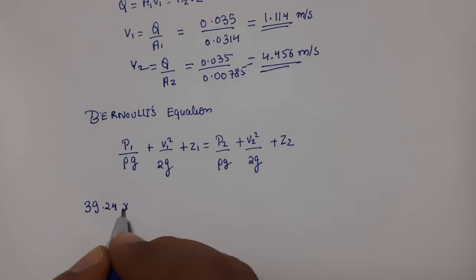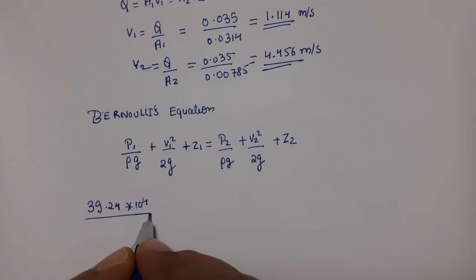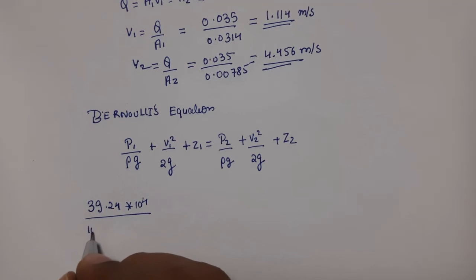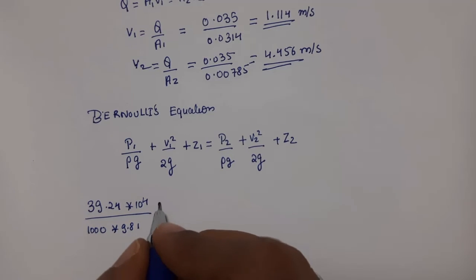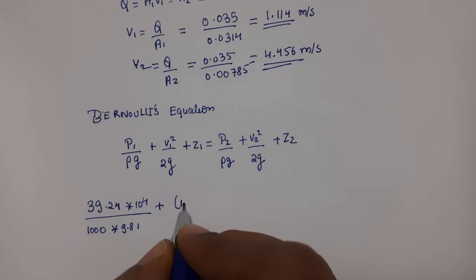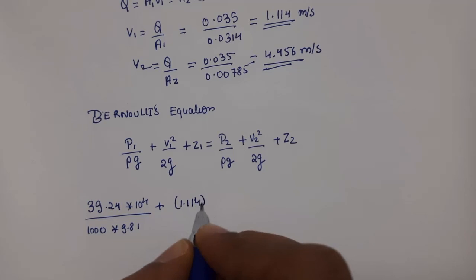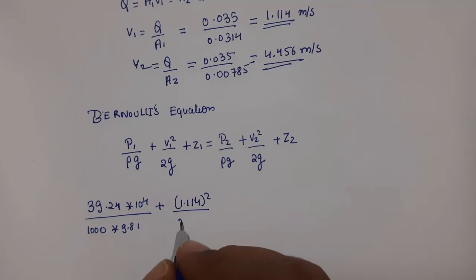Substituting all this value in Bernoulli's equation, what we get here is 39.24 into 10 to the power of 4 divided by 1000, since it's water, into 9.81 plus 1.114 the whole square divided by 2 into 9.81.